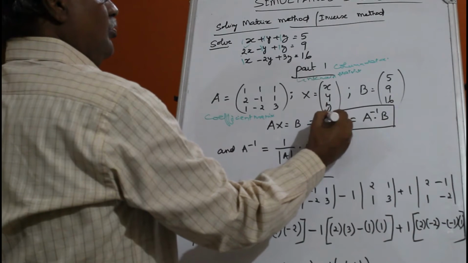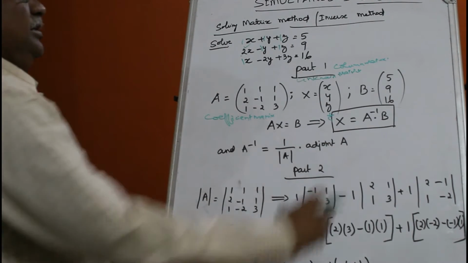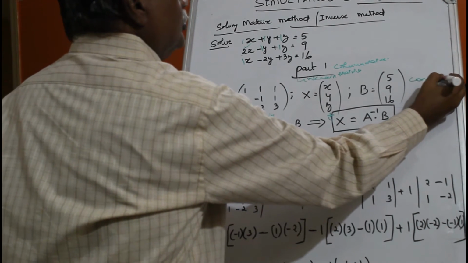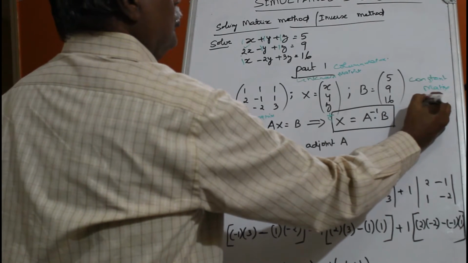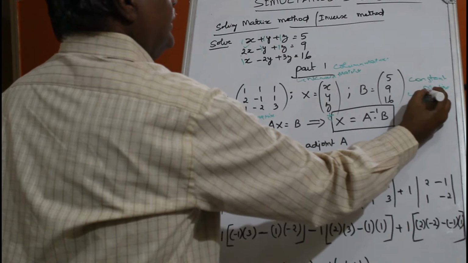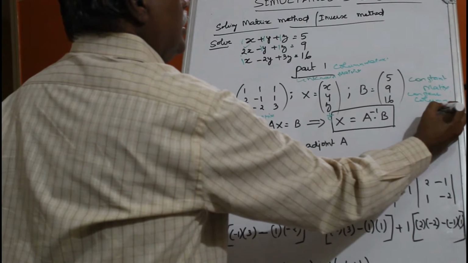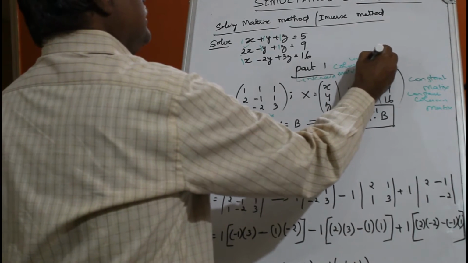There's only one column, so it's also called column matrix or unknown matrix. This 5, 9 and 16 is called the constant matrix. It's only one column. This is also called the constant column matrix. This is called the unknown column matrix.